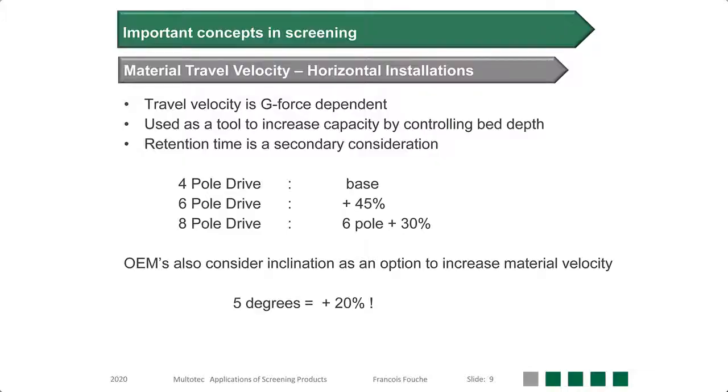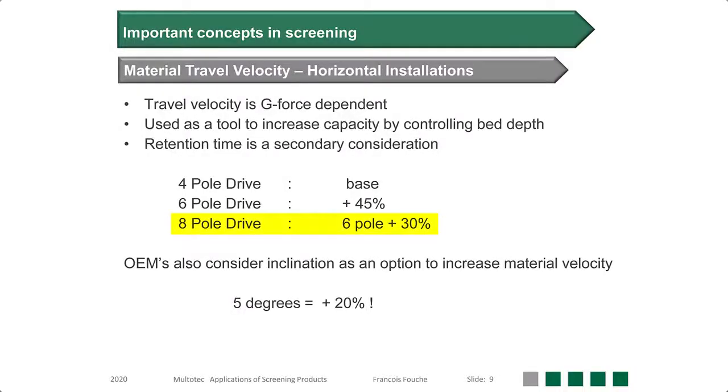Now, this slide shows us the influence of screen drive on material travel velocity. Should we use a 4-pole drive as the base, you can see that the increase by converting to a 6-pole drive is dramatic, as we can increase material travel velocity by close to 45%.